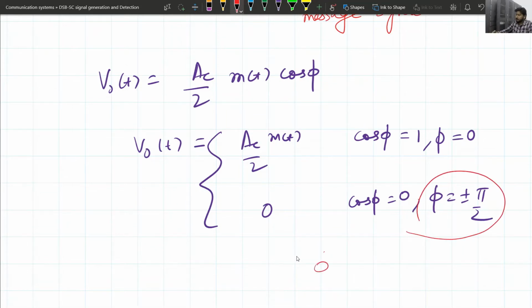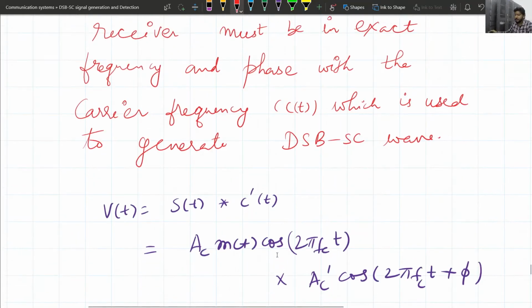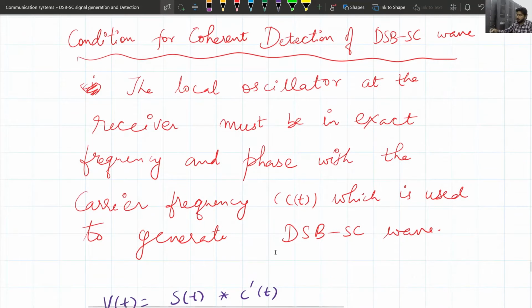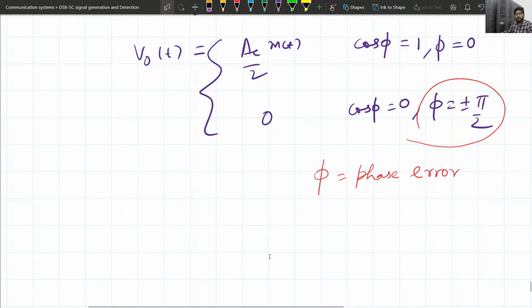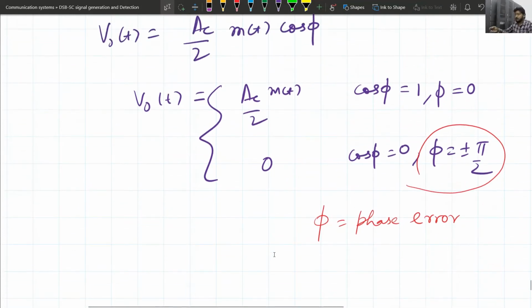Let's call phi the phase error. Why are we calling it error? Because we have already given the condition that the local oscillator must be in exact frequency and phase with the carrier c(t), which was used to generate the DSB-SC wave. When the error is around pi by 2 radian, the signal fades away.